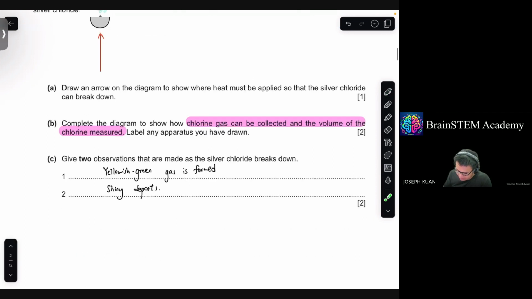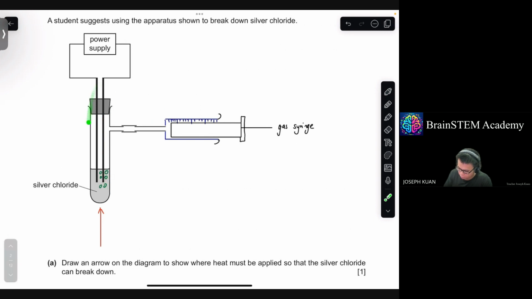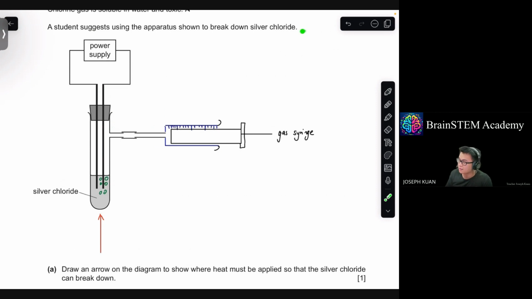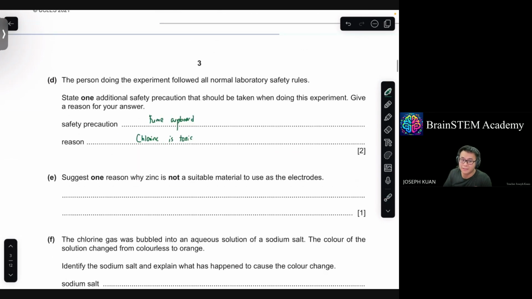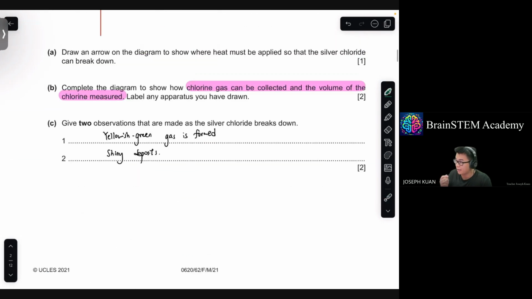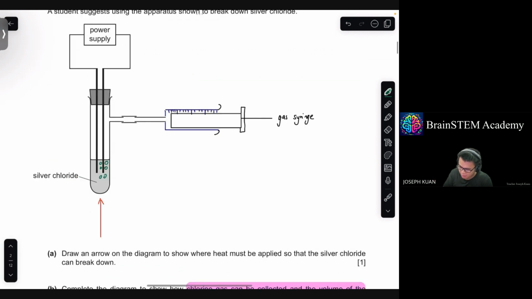Now, why is zinc not used as the electrodes? The setup is to break down silver chloride. You do not want to introduce new things inside this whole setup. Zinc is an active electrode, which means that it will actually affect this reaction. How does it affect this reaction? If we choose to use zinc, the chlorine gas will actually react with the zinc.